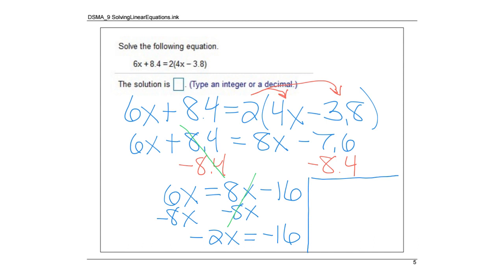Didn't leave myself enough space. Okay, so I'm going to divide. Remember that negative 2 is times x. So I'm going to do the opposite. I'm going to divide by negative 2 on both sides. That leaves me an x on this side. And I get an 8 over here. And that's my solution. X is equal to 8.